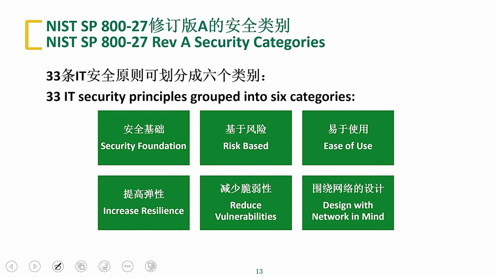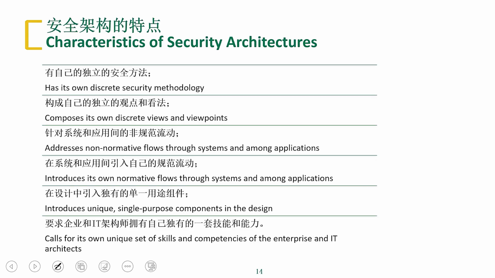The specific standards or models of each country, such as NIST, the American National Institute of Standards and Technology, propose 33 IT principles. In the whole development process, it is divided into 6 categories, including the foundation of safety, risk-based management, ease of use, reducing vulnerability, improving redundancy and availability, and the underlying network design.